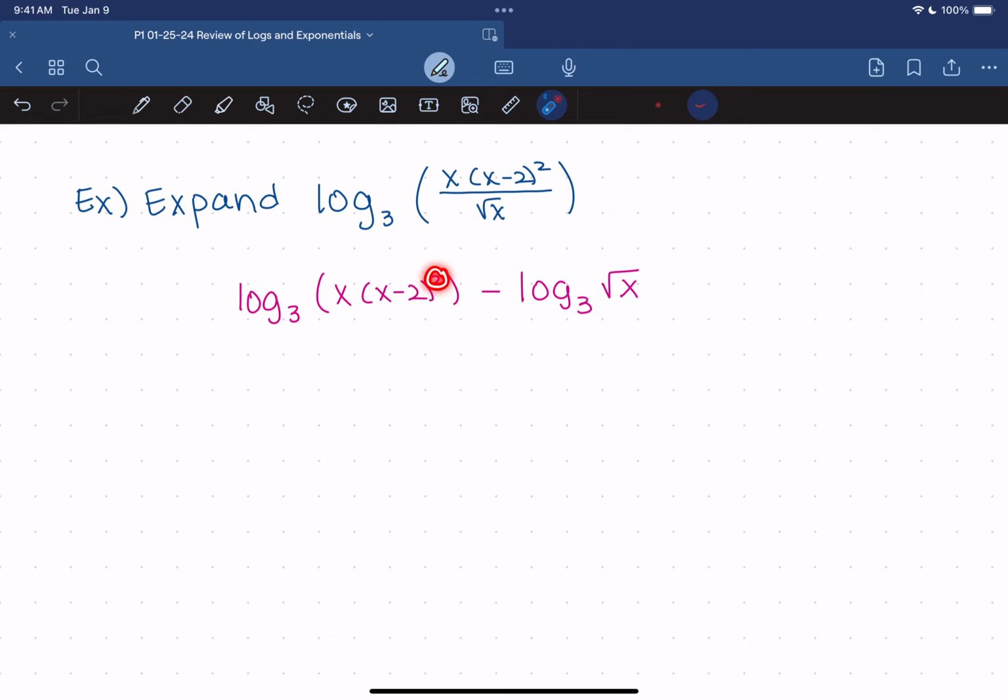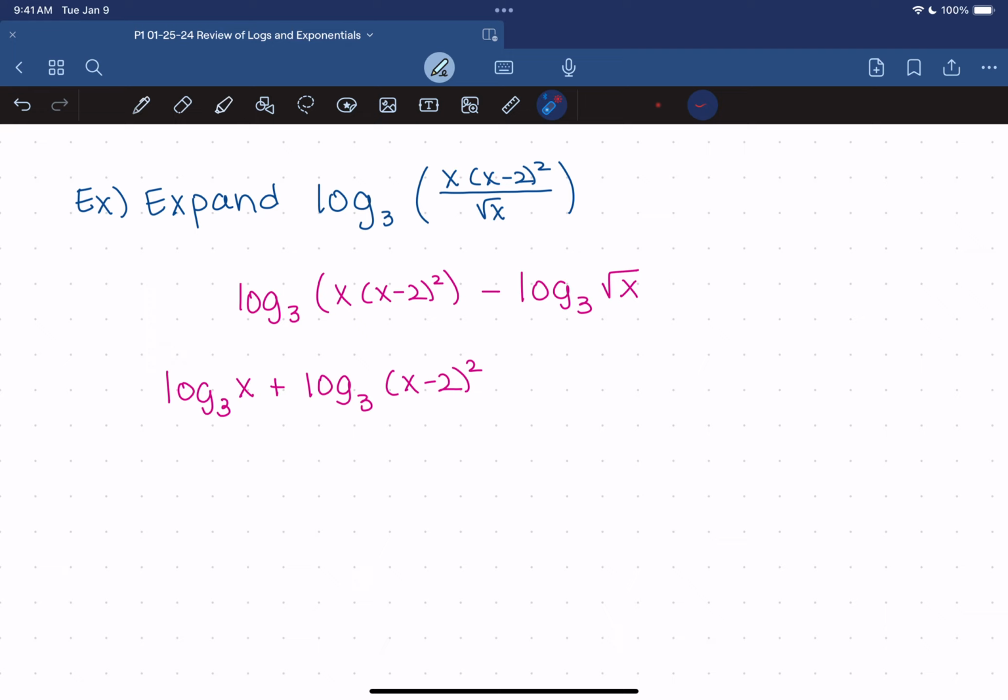Again, we do have an exponent, but it's still not on the entire argument. It's only on the x minus 2. So we're going to use the fact that we have a product. And we're going to take this term and split it up into log base 3 of x plus log base 3 of x minus 2 squared.